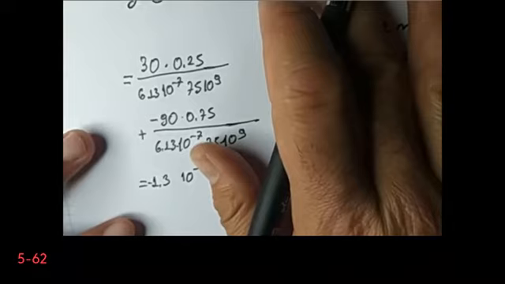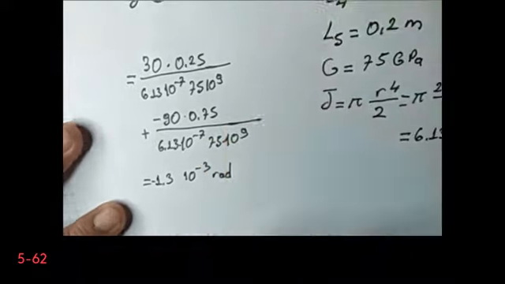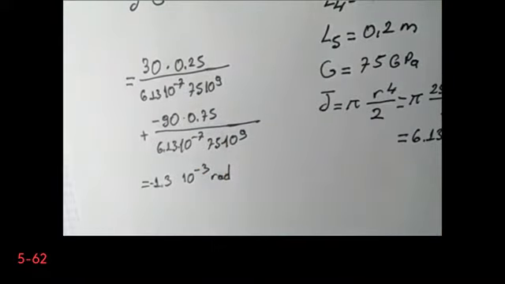Now, we always assume that the deformations are small. So as you see, we have a very small rotation. Therefore, what will be the rotation generated by this twist? What will be the rotation in gear 1?